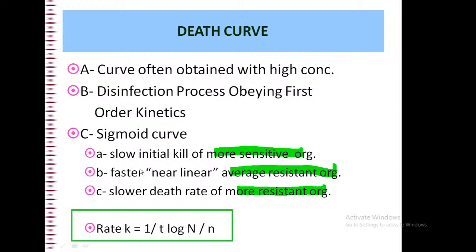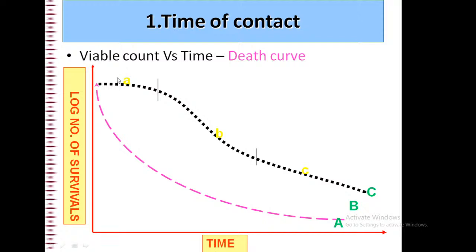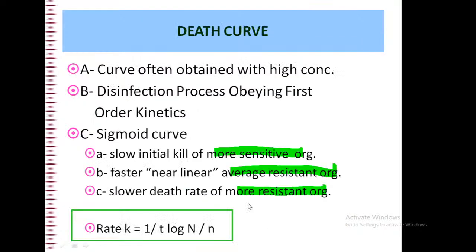Second, B, the faster near linear death of average resistant organisms, and C, the slower death rate of the more resistant organisms. So these are the curves. And if the disinfectant is applied in this portion A, then it is going to slow the initial kill.